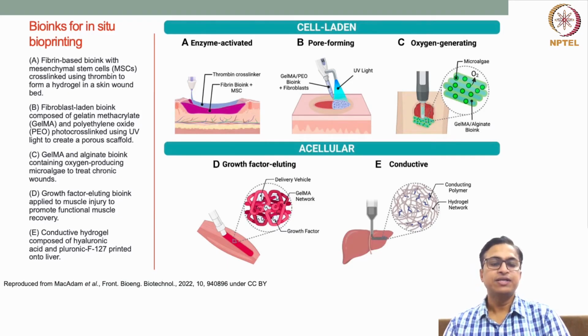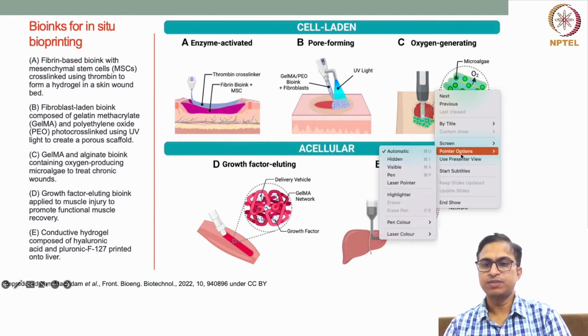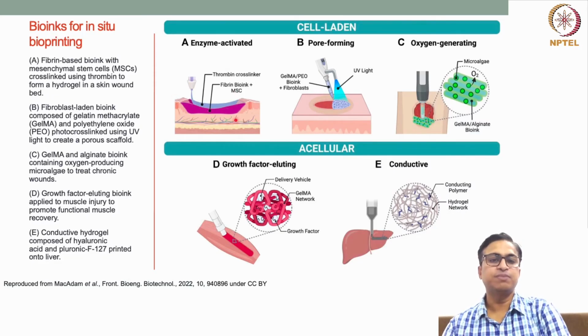Like here, they have given an example. So here they have given an example of this enzyme-activated bioprinting, like fibrin plus thrombin, and we know this very well. When fibrinogen comes in contact with thrombin, the thrombin acts as a cross-linker, and that fibrinogen will become fibrin gel, right?